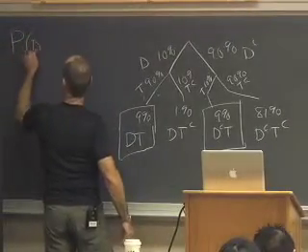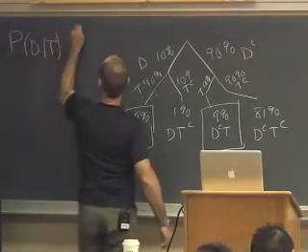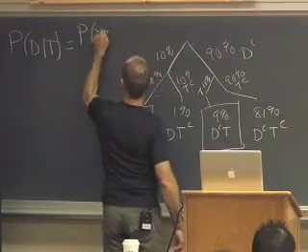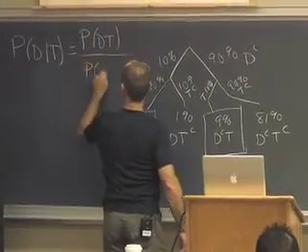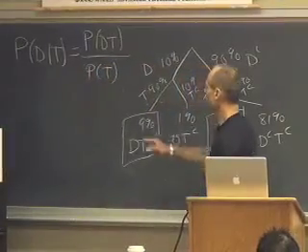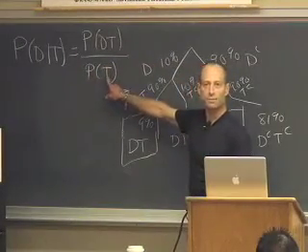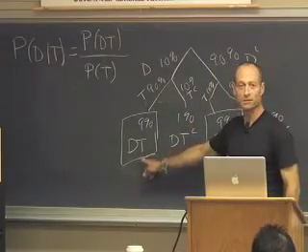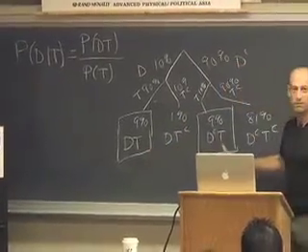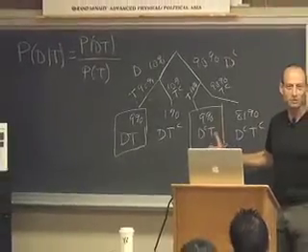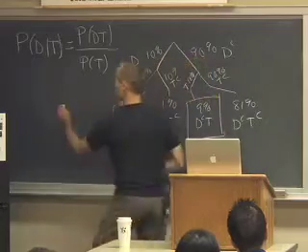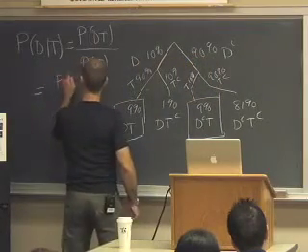Okay, so what we've got is the probability that you have the disease given that you test positive is the probability that you have the disease and test positive divided by the probability that you test positive. We have partitioned the event that you test positive into two pieces. You can test positive two ways. You can test positive and have the disease, or test positive and not have the disease. Those are the only possibilities, right? So the numerator is still P of DT.